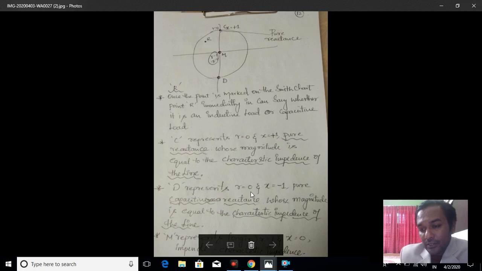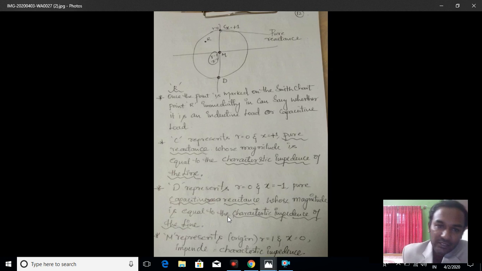Next, D point. D represents r equal to 0 and x equal to minus 1. The mirror image of this, no? C's mirror image is D. So r is equal to 0 and x is equal to minus 1. Pure capacitive reactance whose magnitude is equal to the characteristic impedance of the line. It's very important.